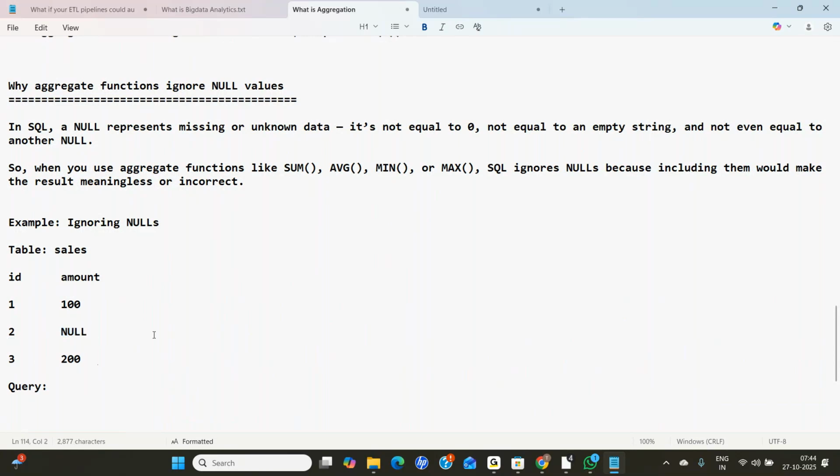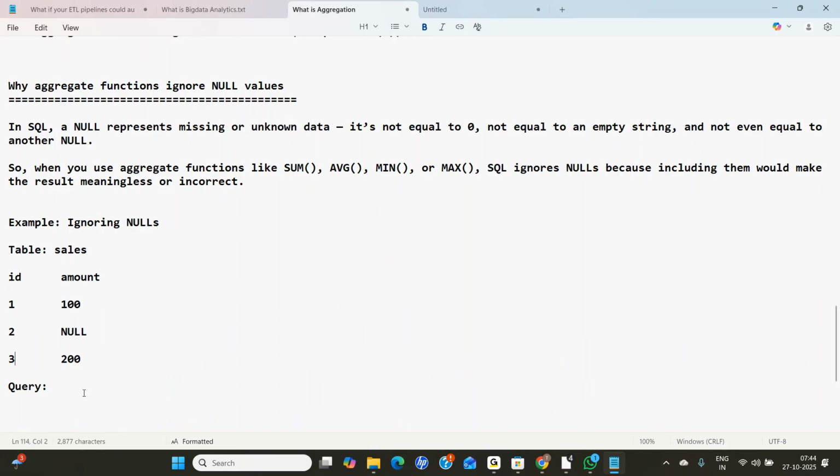By seeing this, you tell me, sum of amount, what could be the value? It ignores the null, so 300. And average would be 300 as well, since the null is ignored.